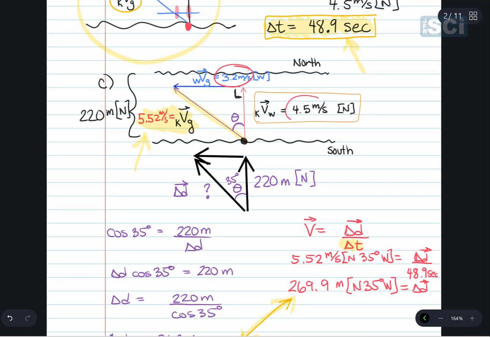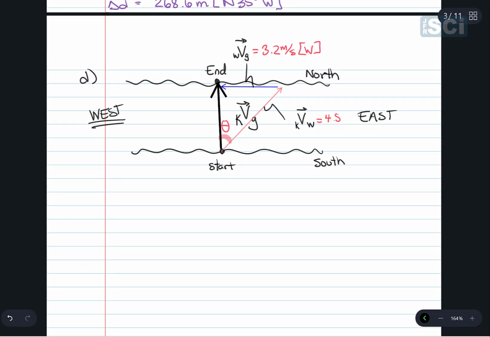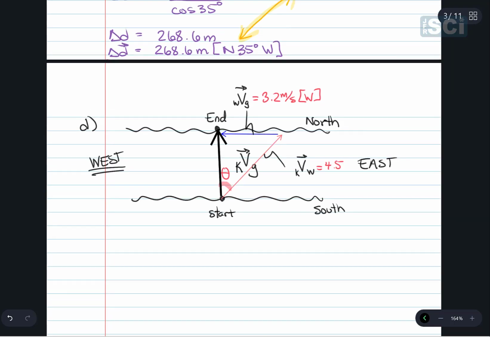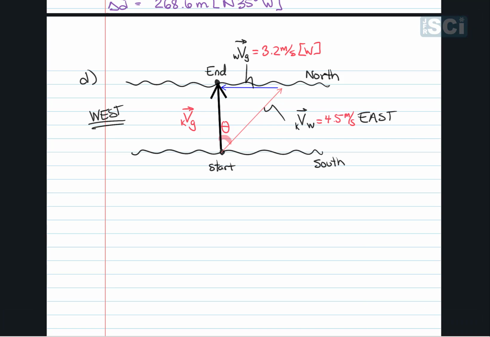4.5 meters a second. In this case, it's not north. It's still 4.5. Yes, 4.5 meters a second. In this case here, the angle is not known. And we actually don't know how fast the kayaker will move relative to the ground. That's my black arrow. We don't know that. So how do I get that angle? Well, I have the opposite side of the triangle, because this will form a 90 degree. I have the opposite side, and I have the hypotenuse.